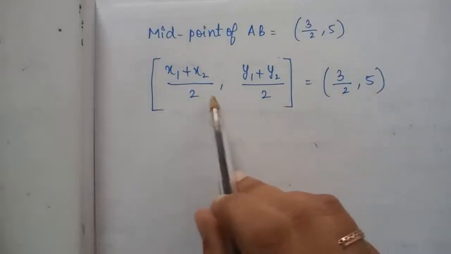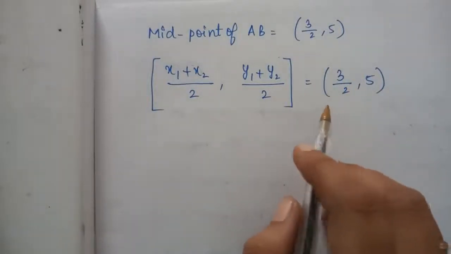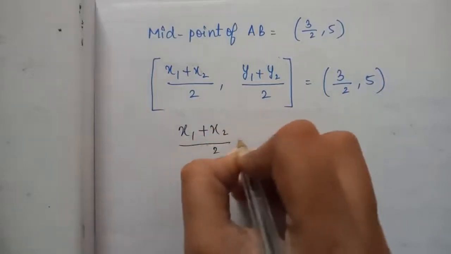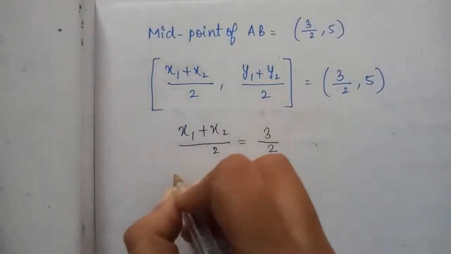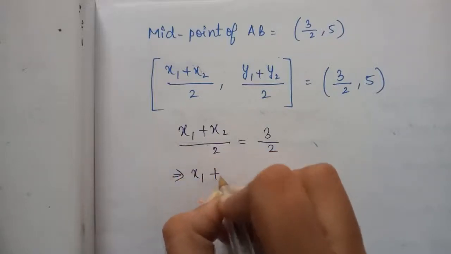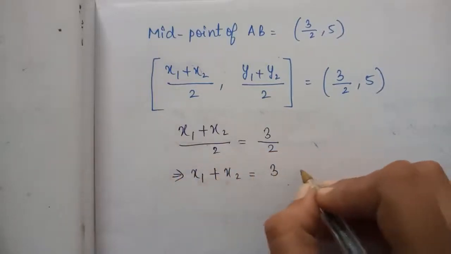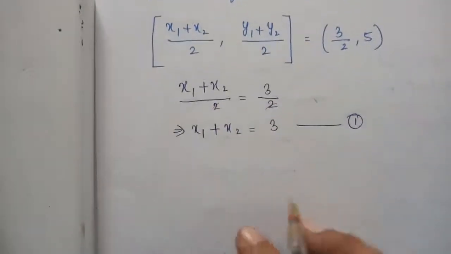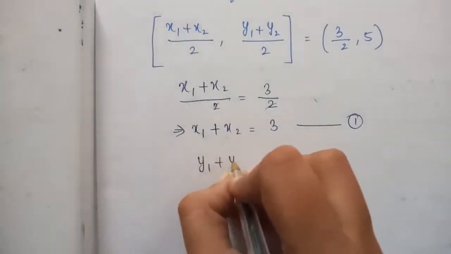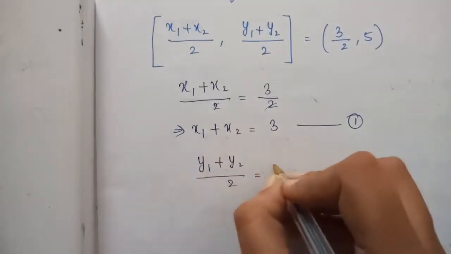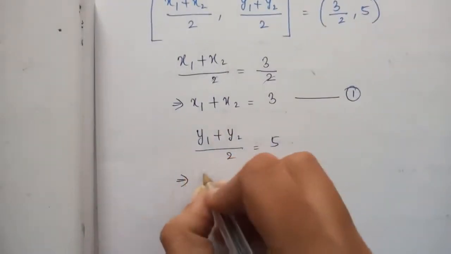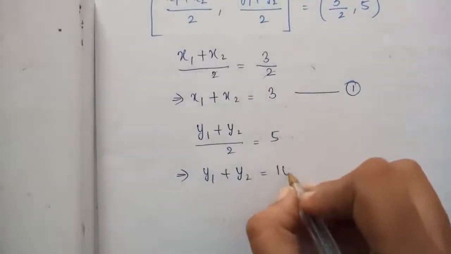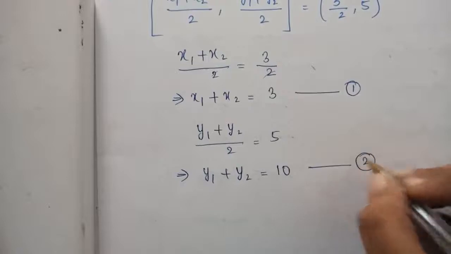The next step is to equate the x and y coordinates. (x1 plus x2) by 2 is equal to 3 by 2, which implies x1 plus x2 is equal to 3. This is equation number 1, because the 2 gets cancelled. Then (y1 plus y2) by 2 is equal to 5, so y1 plus y2 is equal to 10 by cross multiplication. This is equation number 2.